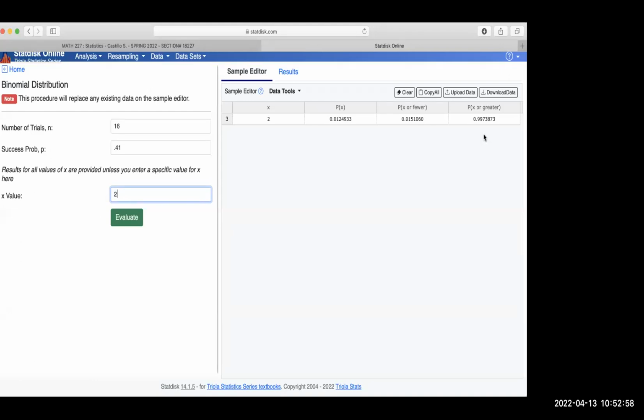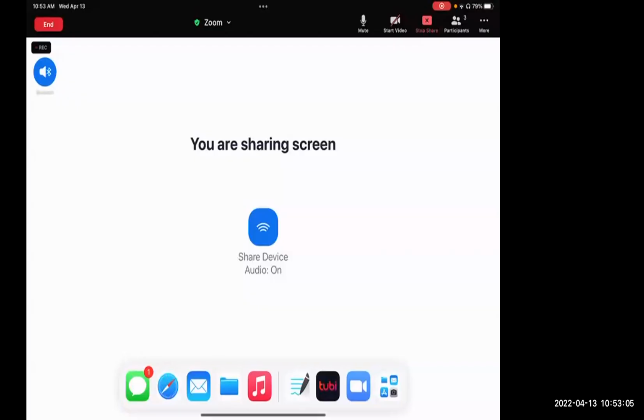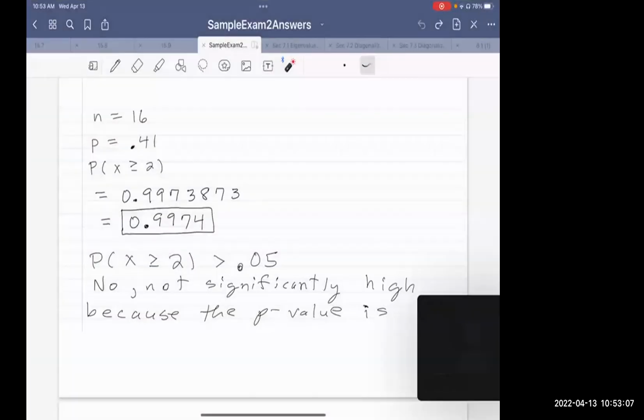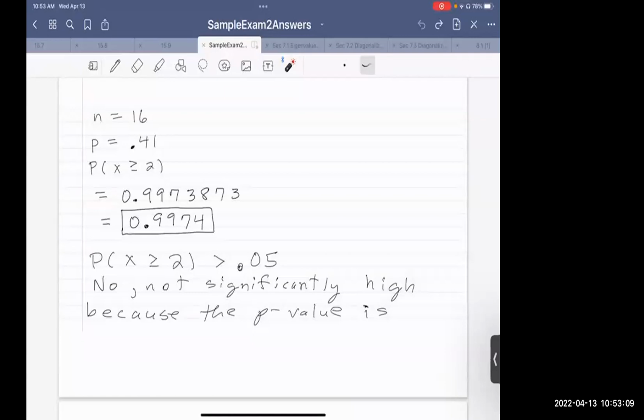And so let me type that into my iPad. So I have here 0.9973873. Round this to the nearest 10,000th, 0.9974.